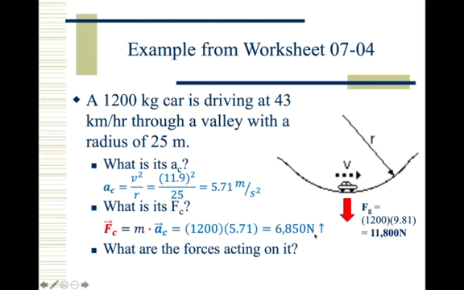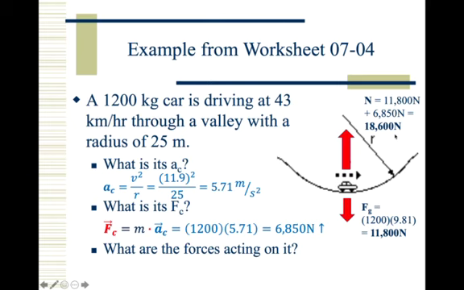What does that mean? It means the normal force acting upward has to be this much larger than the force of gravity. So what's that force going to be? The normal force in this case is going to be 6,850 newtons larger than this force. If you add that up, the normal force is going to be roughly 18,600 newtons.